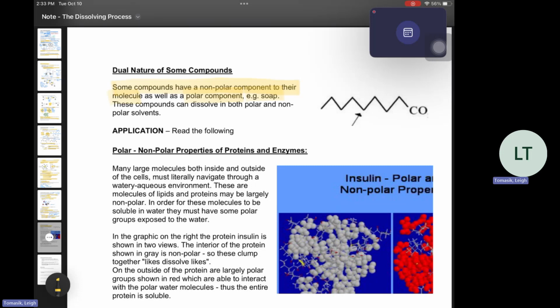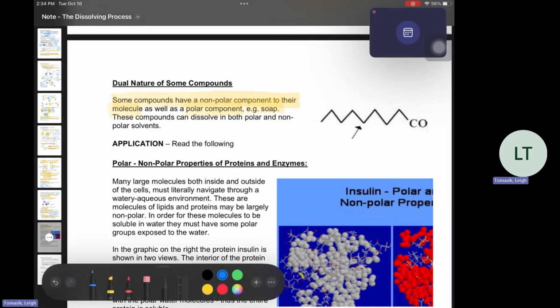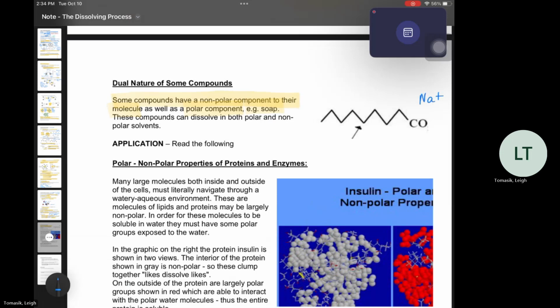So what you need is something to connect the nonpolar mustard oil with the polar water. And that thing is soap. Soap has a big part that is nonpolar. It is made of C and H bonds, and C and H bonds are nonpolar bonds.